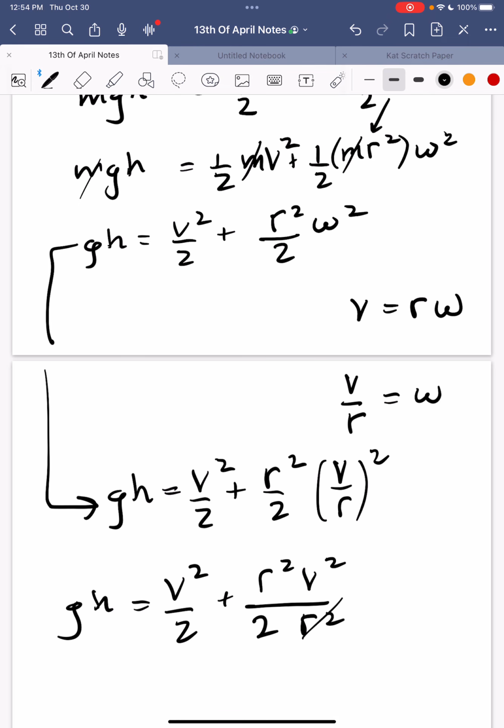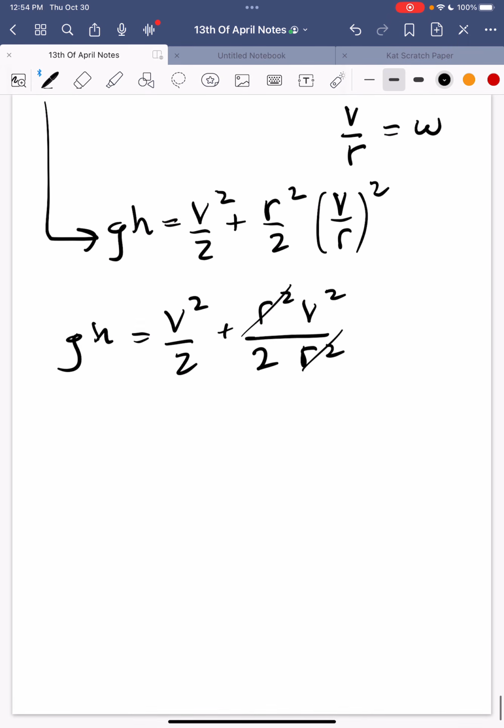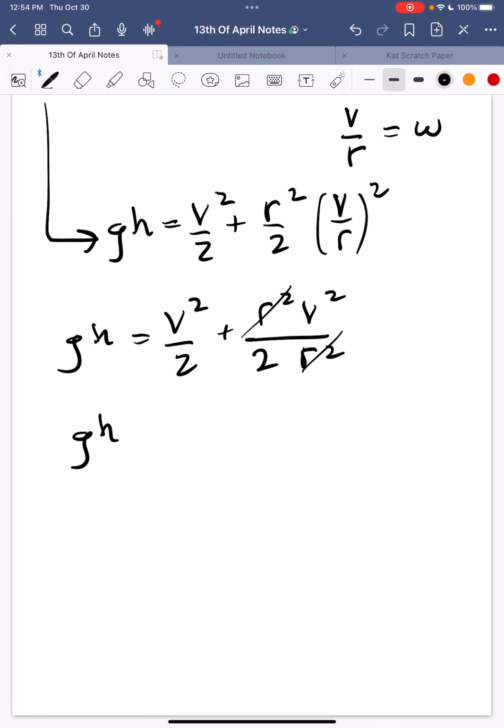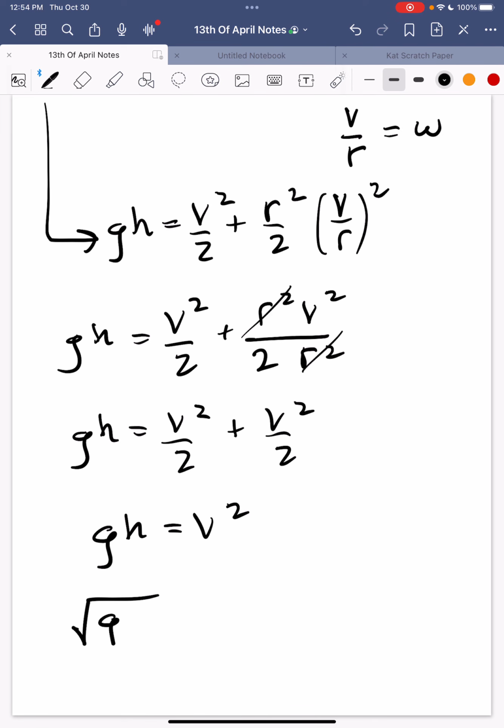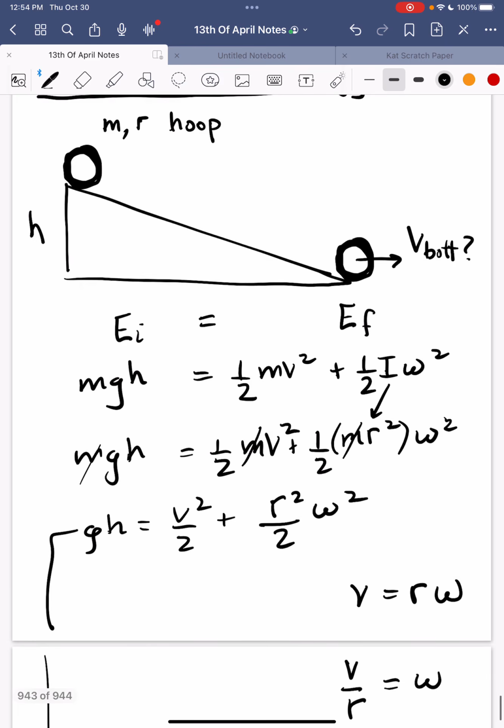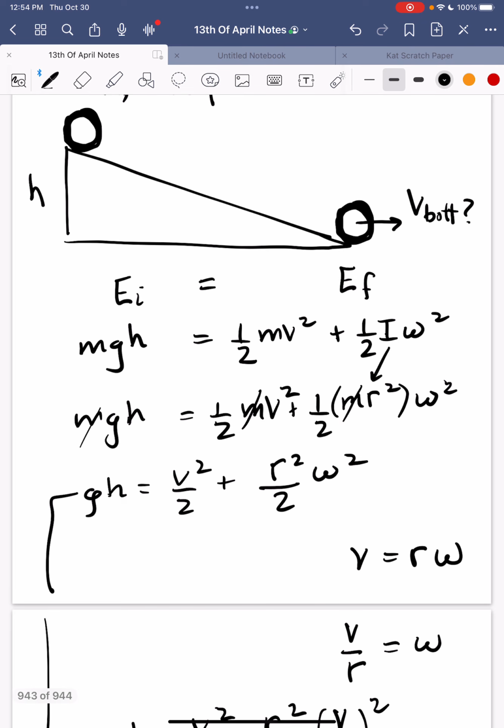And here you can see that the r squareds will cancel, and so I get gh equals v squared over 2 plus v squared over 2. So gh equals v squared, and so square root of gh is going to equal v. So that's your answer.